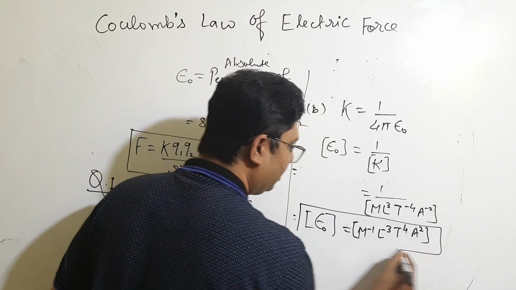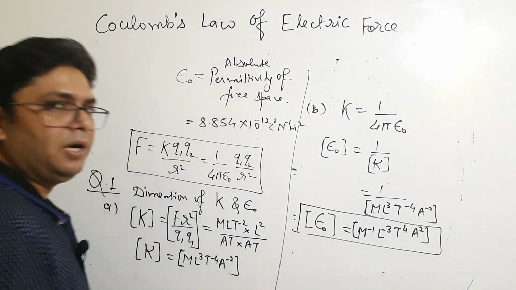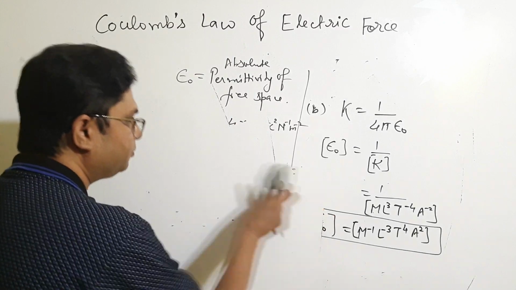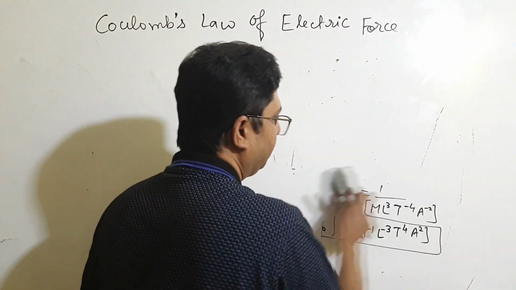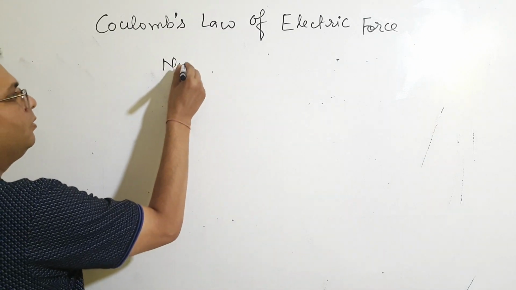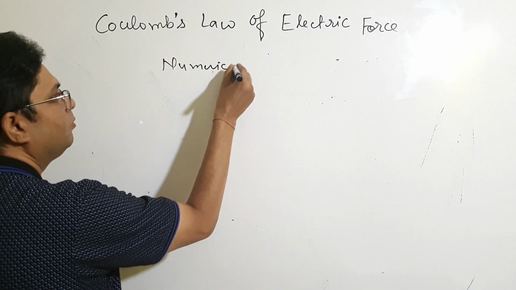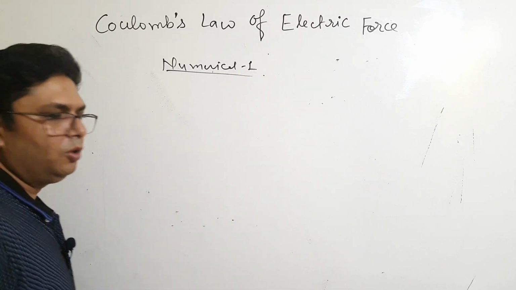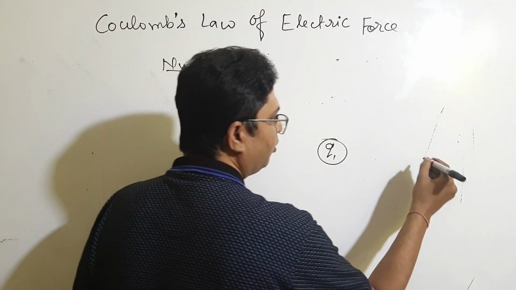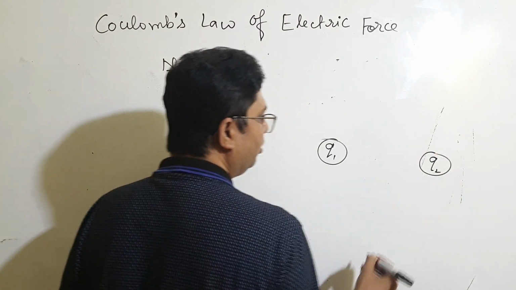So you have learned about the dimension. Now let us have a numerical based on Coulomb's force. Numerical number 1. You have a charge here Q1, and a charge here Q2.